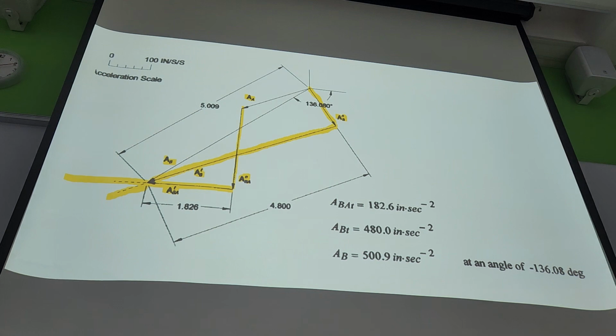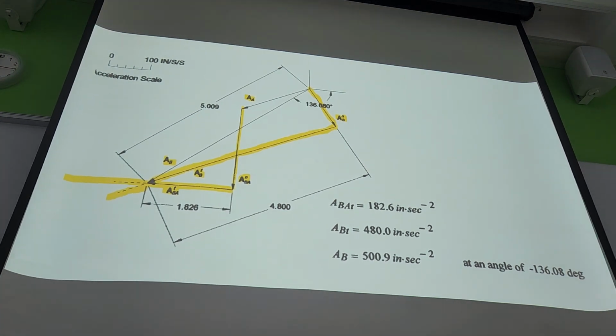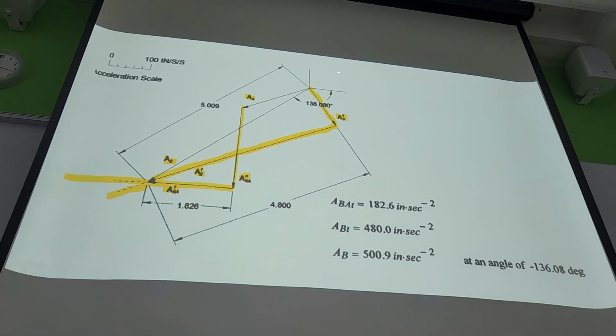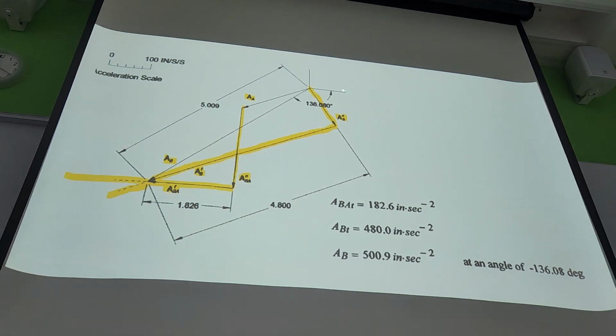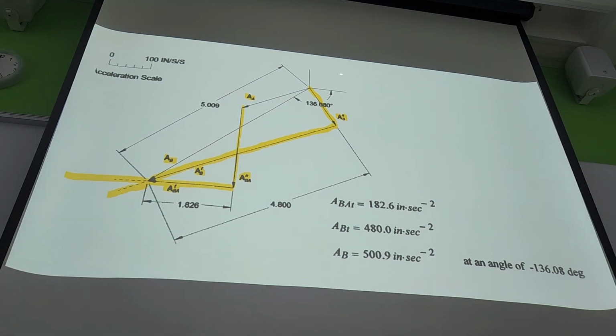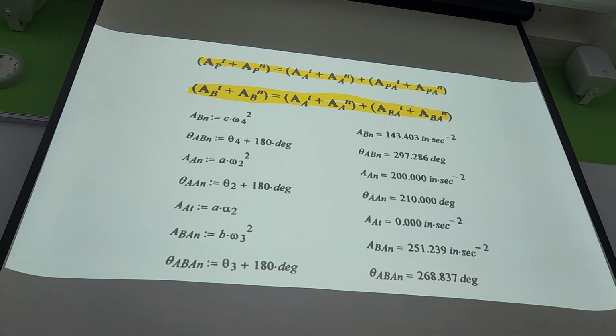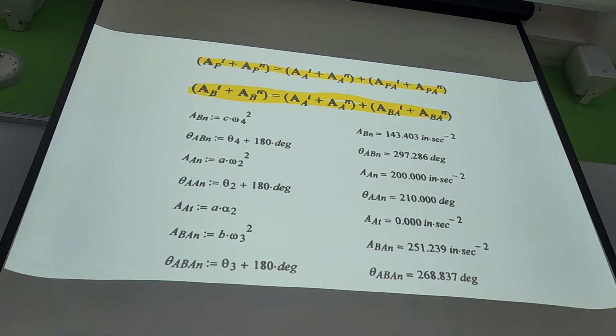Then you need to plot the mechanism to scale. When you plot to scale, you follow from the starting point here. You choose an appropriate scale. Acceleration of A is 200, the direction is 210.